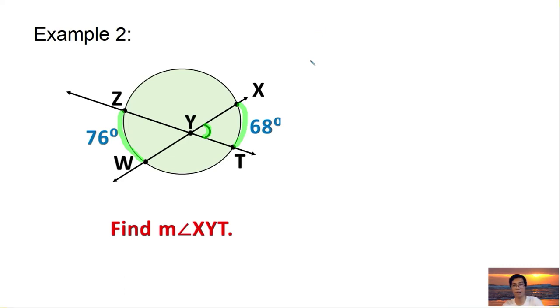The measure of angle XYT is equal to 1 half times the quantity, the measure of arc XT plus the measure of arc ZW.